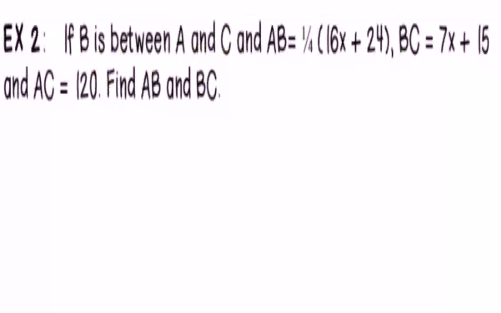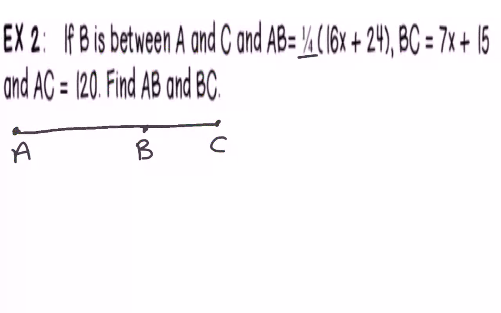So we have a similar problem if B is between A and C. Sketch your picture. I'll draw it over here this time. So B is between A and C. And we have those lovely fractions again.